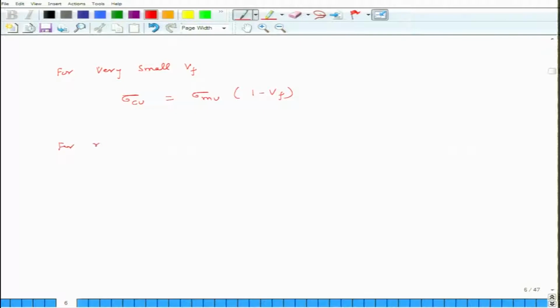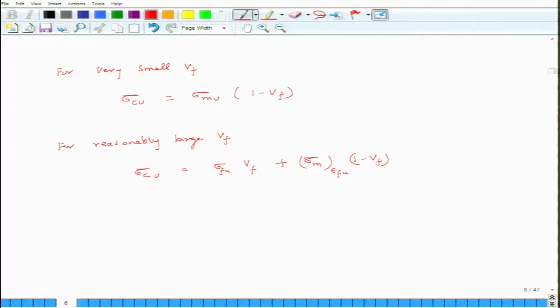For reasonably large Vf, the strength of the composite material was found to be the strength of fiber times the volume fraction of fiber, plus the stress in the matrix material at the breaking point of the fiber, times 1 minus Vf, which is the volume fraction of the matrix material.